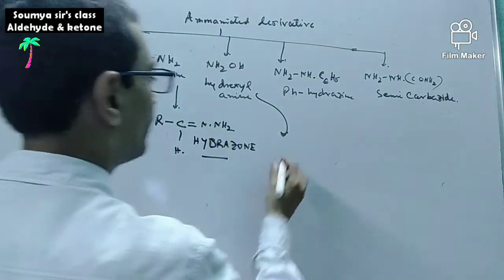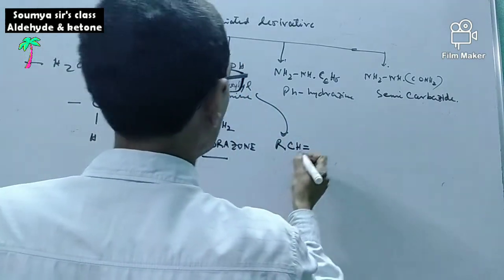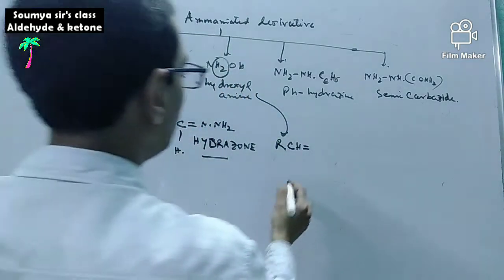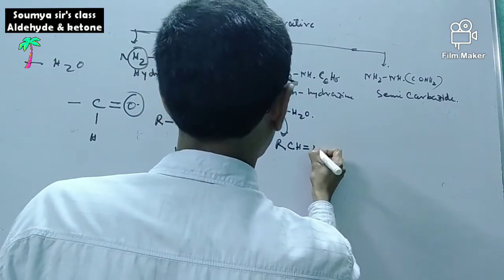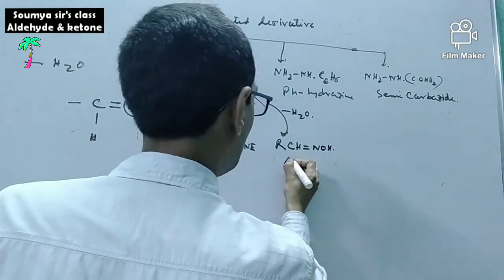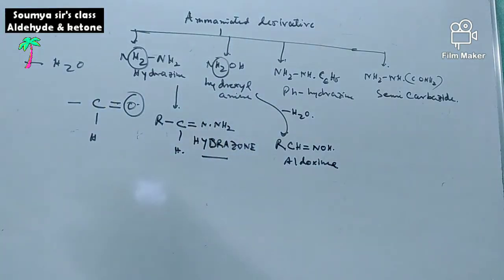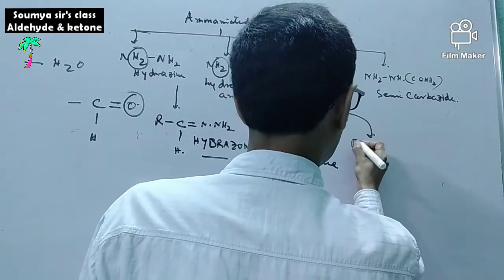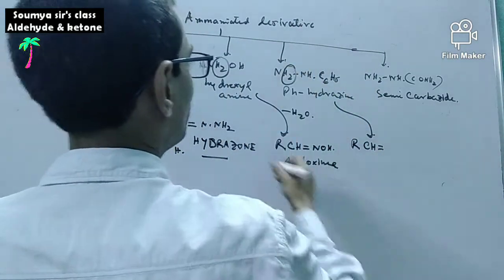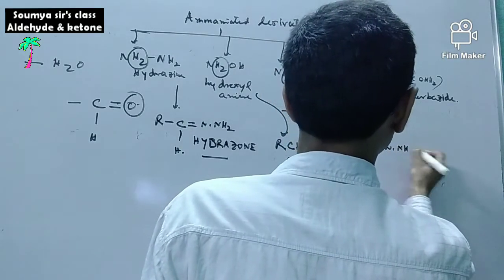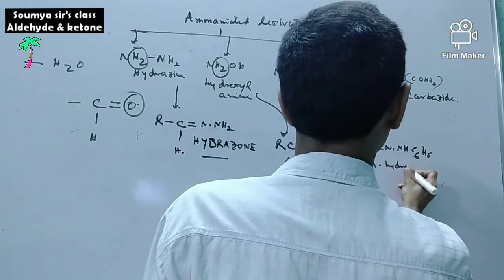In case of hydroxylamine, the RCH double bond intact, the H2 combines with the O to leave one H2O to form RCHNOH. It is called aldoxime, and in case of ketone it is ketoxime. In case of phenyl hydrazine, RCH double bond, the H2 part being removed, N.NH C6H5, it is called phenyl hydrazone.